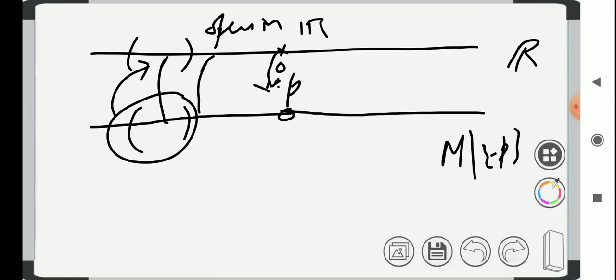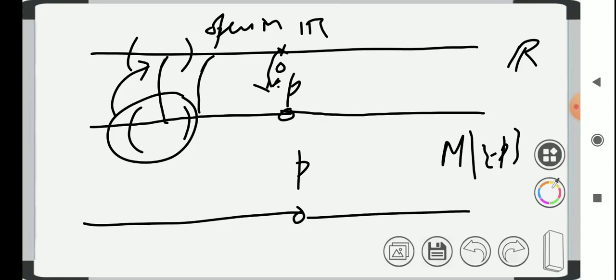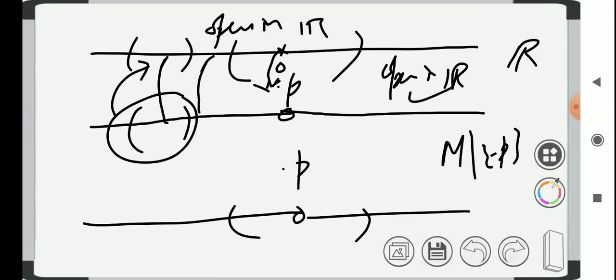Now if we choose some open set around P, it will look like this. This is our P here, and an open set around P containing P will simply get mapped to this by phi inverse, which is also open in R, which is clear from the figure.